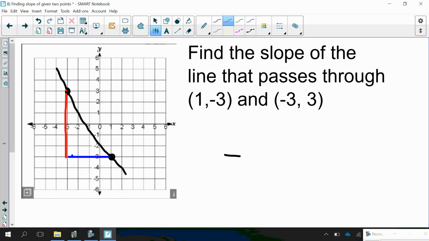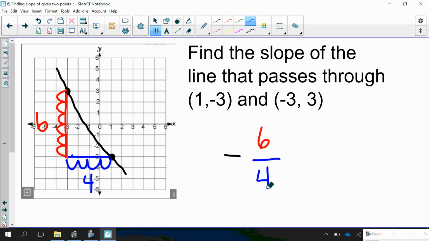Let's count my loopties. 1 per box, 2, 3, 4, 5, 6. So I have a rise of 6. Let's count my loopties. 1, 2, 3, 4. A run of 4. So my slope is negative 6 over 4.